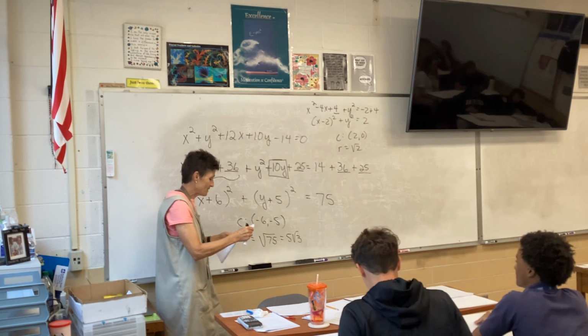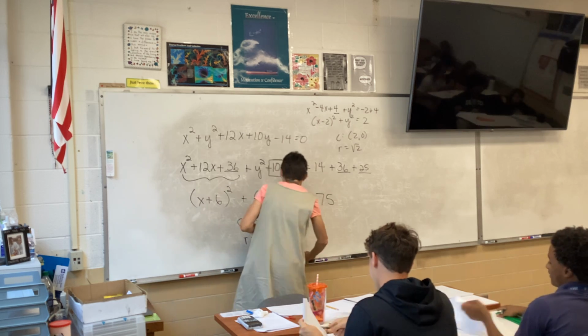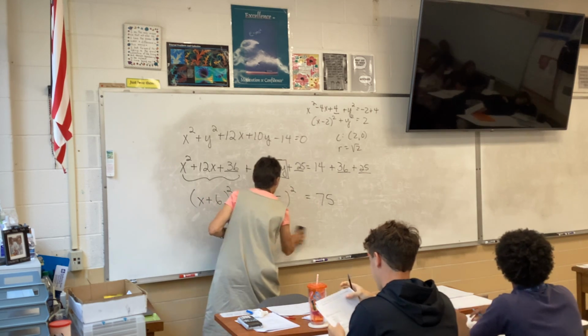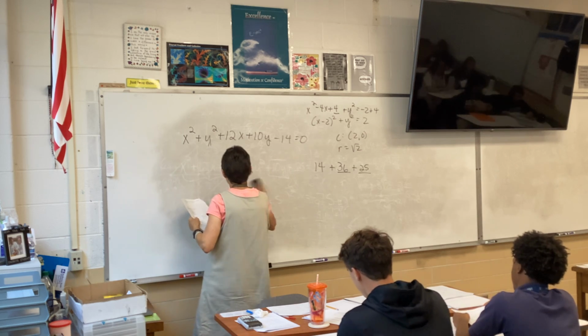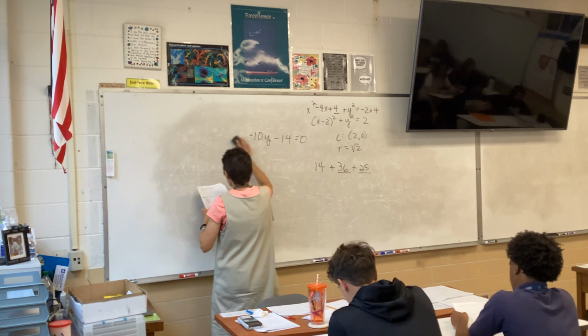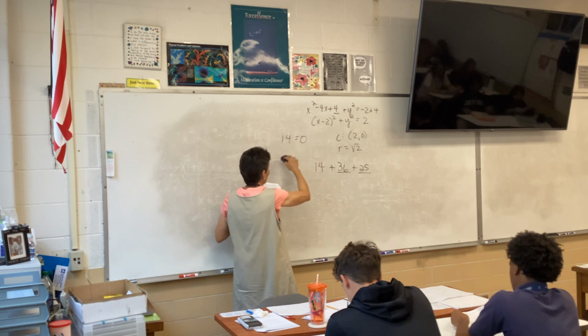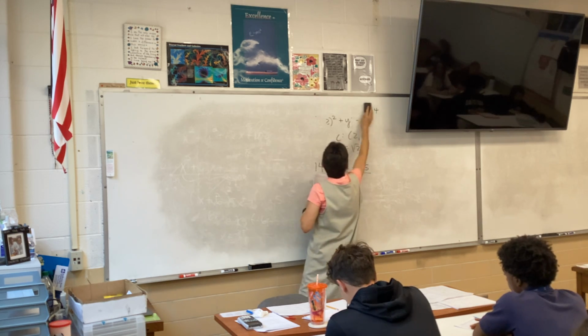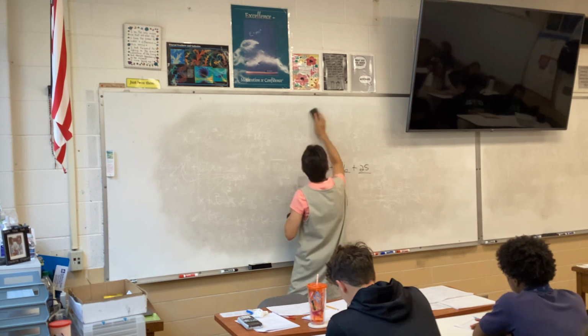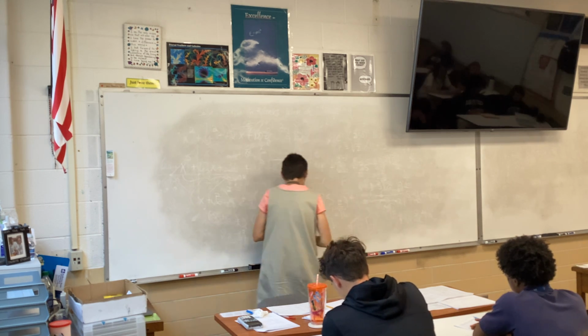All right, number 15. Here we go, number 15. Write the equation of a circle. So we're writing something like this. The equation format Peter gave us earlier. We're going to write the equation of a circle.